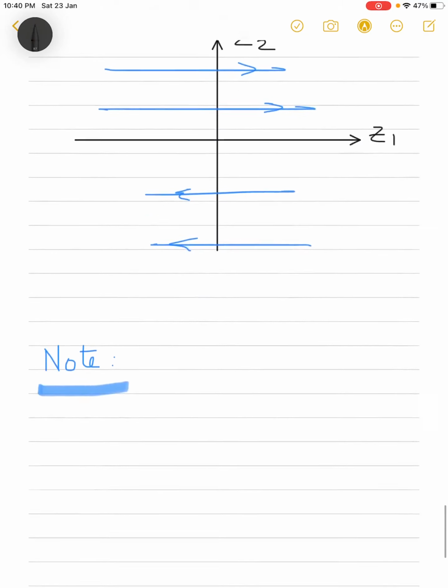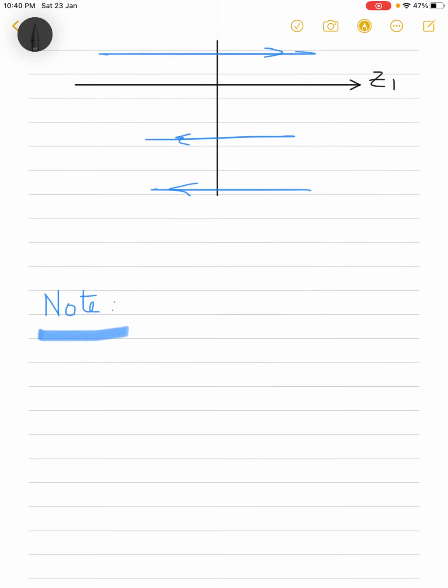As a final note, we noticed that the original system equation was x dot equals Ax in general, and we used a transformation to get the form z dot equals J z, where J is the real Jordan form.